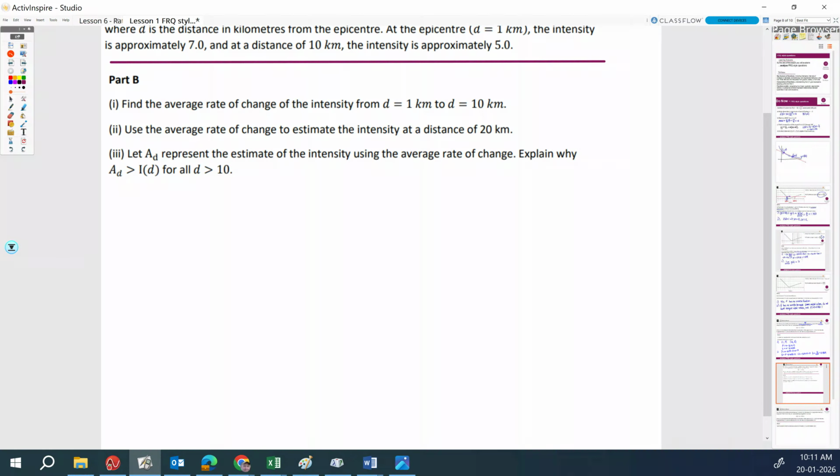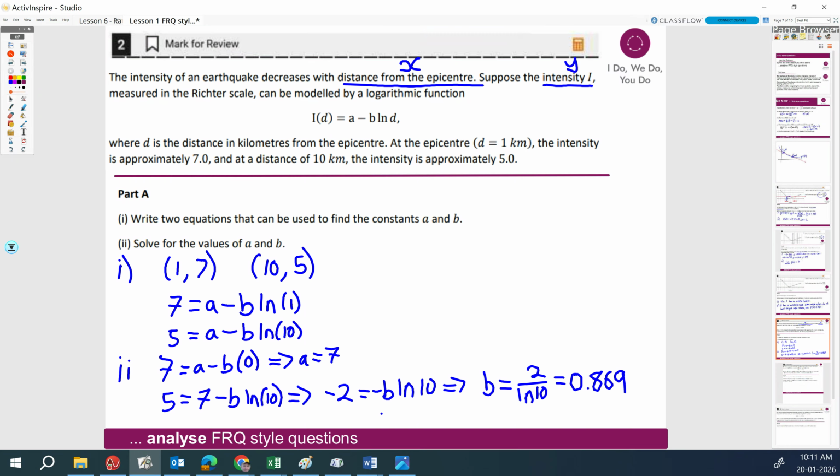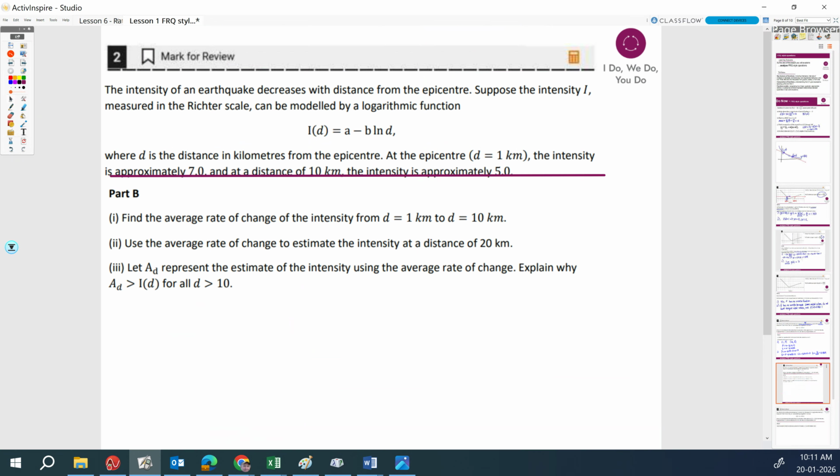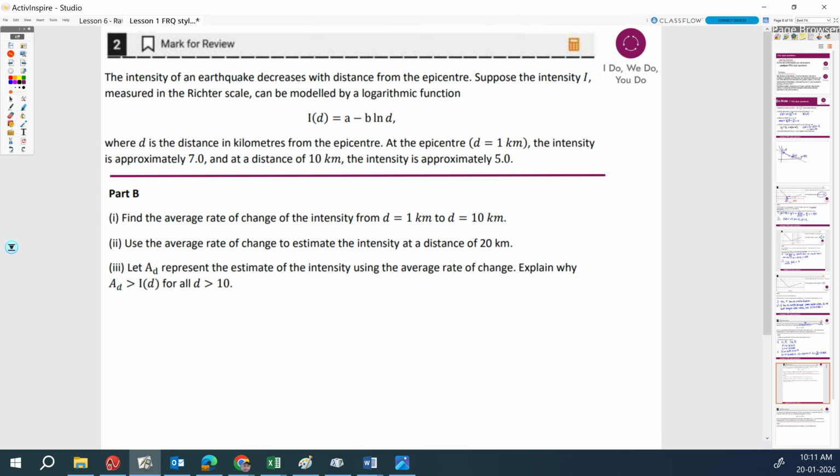Hopefully on your page you have these two points, 1,7 and 10,5. I said to write these down on your page, so you've got them there. We need to find the average rate of change between those.